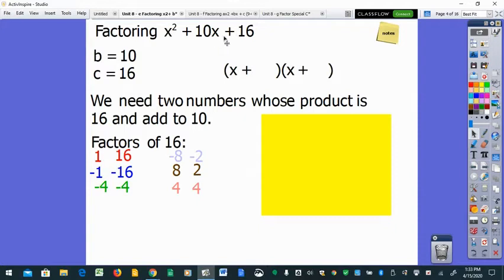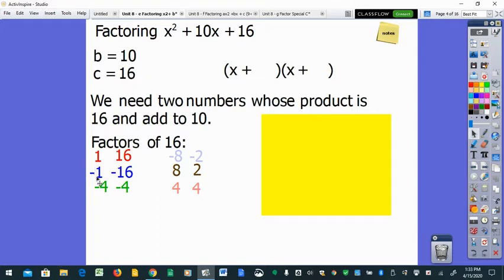So here I have given you a quadratic trinomial. Its highest degree is 2. It has 3 terms. It's called a quadratic trinomial. The a in this case is 1. At least for today, it's 1. The b is a positive 10, and the c, the constant, is a 16. Now remember what we just said. We need two numbers that multiply to 16.